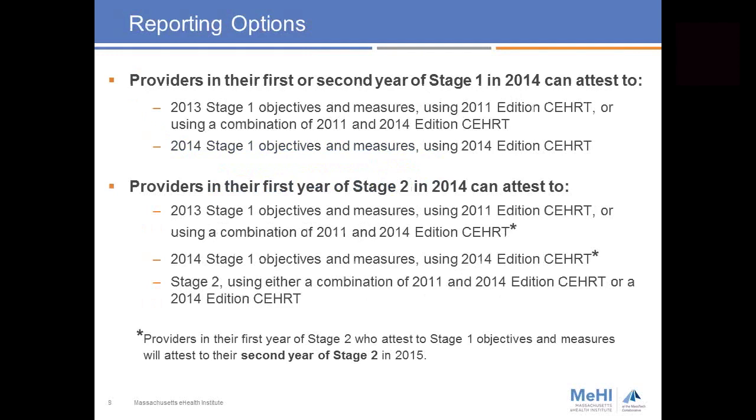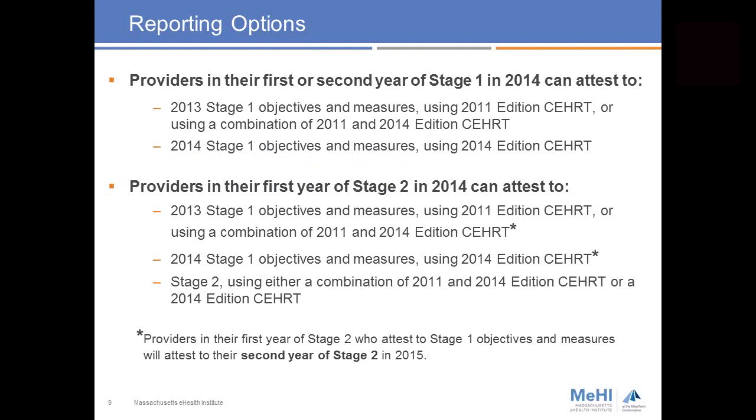Okay, so in your first or second year of Stage 1, you have a choice. You can go either, again, with the 2013 Stage 1 objectives and measures, or the 2014. And as you see, it really is driven by which EHR you're going to be utilizing.